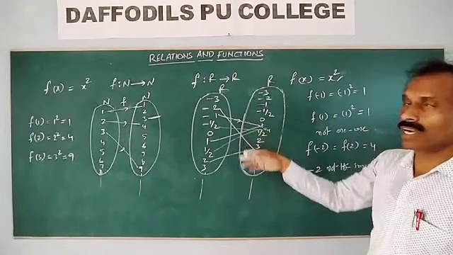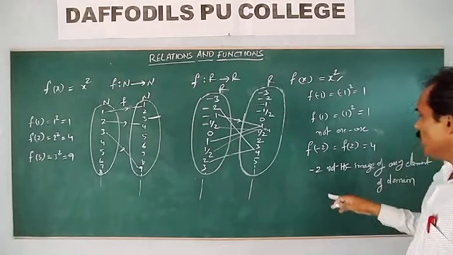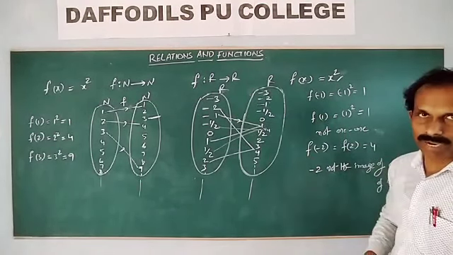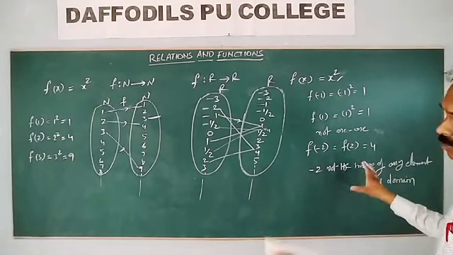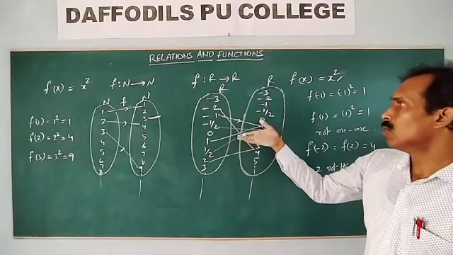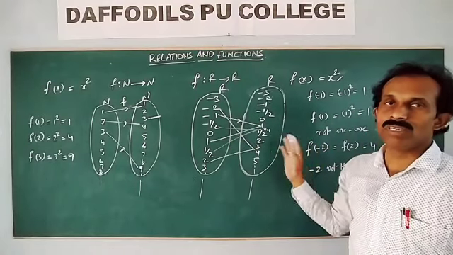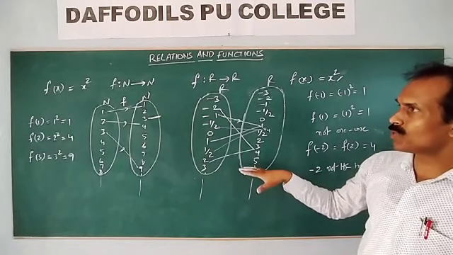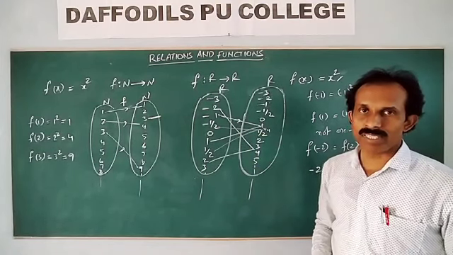So it is not an onto function. Another way: -2 has no pre-image in the domain. Clear? Understand these two examples. Here it is one-one but not onto. In this second one, both one-one and onto are not satisfied. Clear? Suppose both are satisfied, then it is bijective.